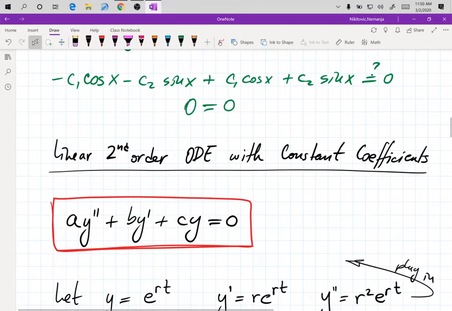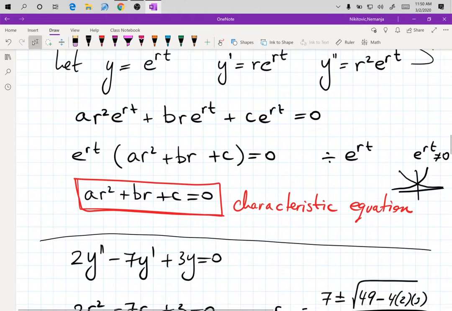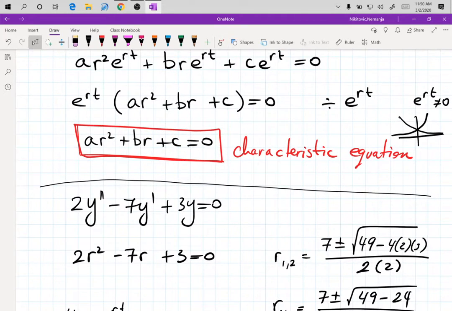Where is the best? Oh, here. I actually didn't define it, but here. R1 different than R2, real, case 1.